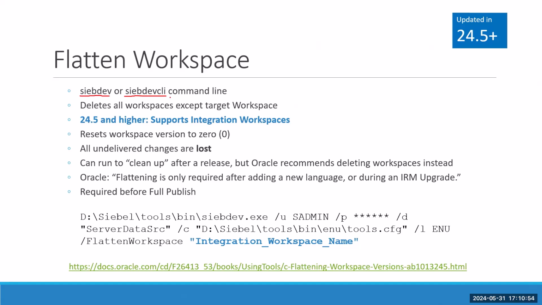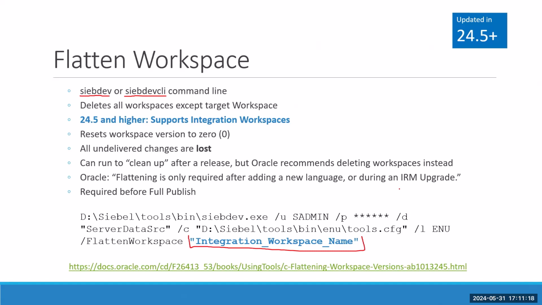And as Bookshelf informs us in an update, as of 24.5 and higher we can supply the name of an integration workspace, just that's taken from Bookshelf literally. And then it will just work on that integration workspace, but still the same happens to any workspace it deletes.